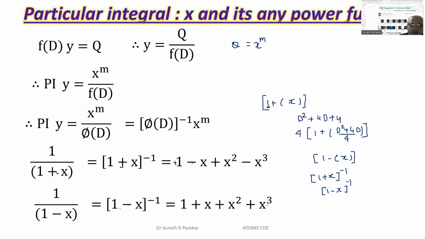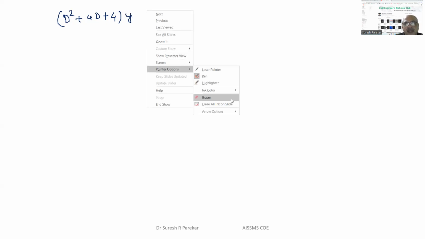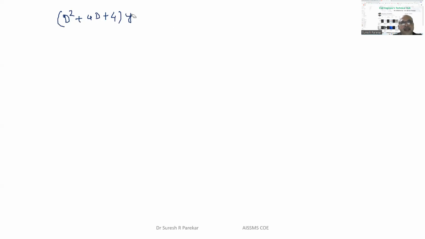Now we will take one problem in this. So let us say we have D square plus 4D plus 4 into y. We will write this with a red pen.